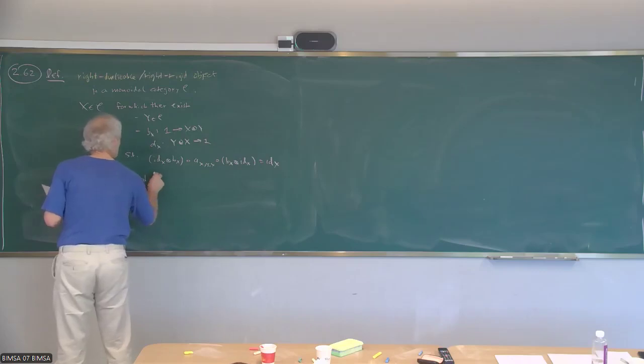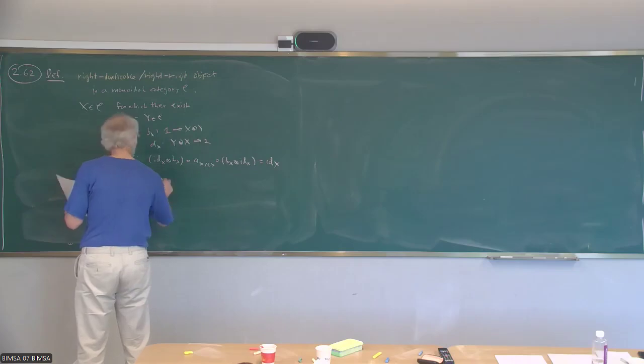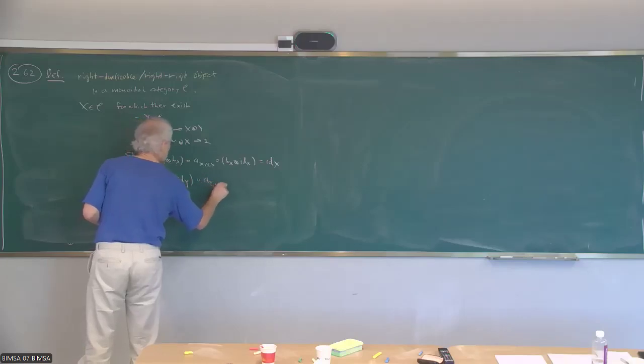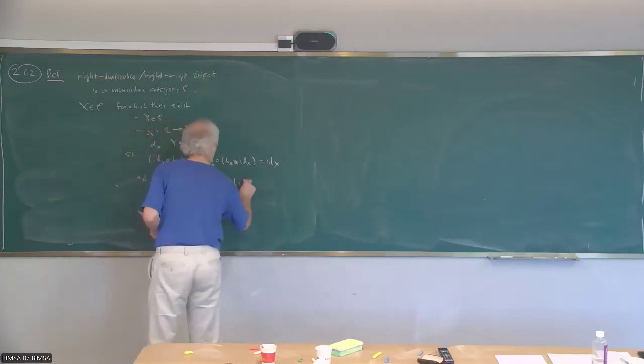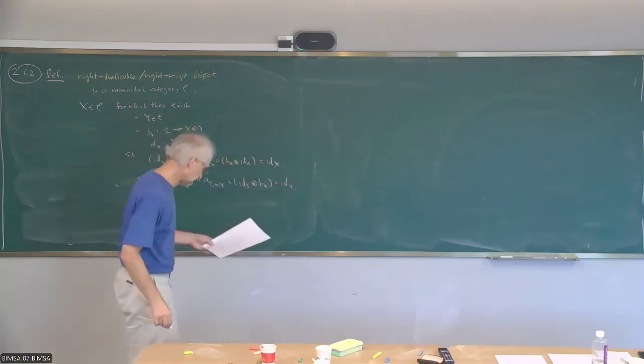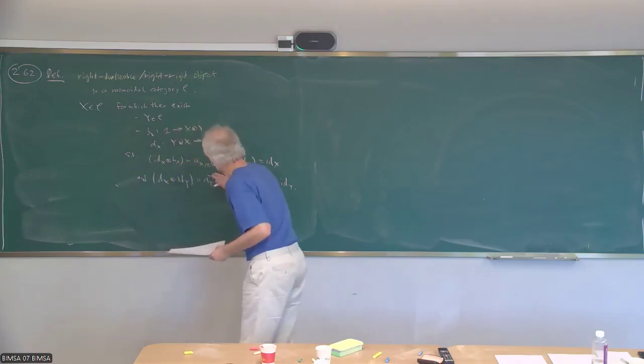And now I just call this Y because I only require existence here. We have these two equalities, and this should be the inverse associator.